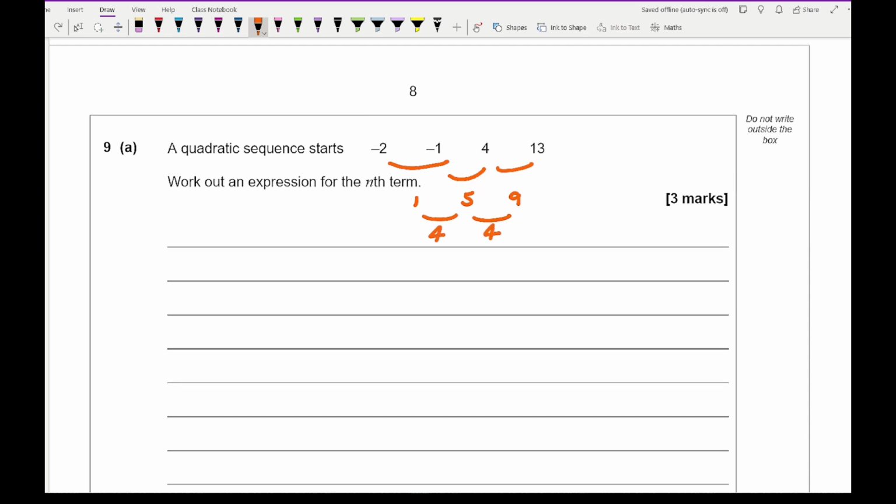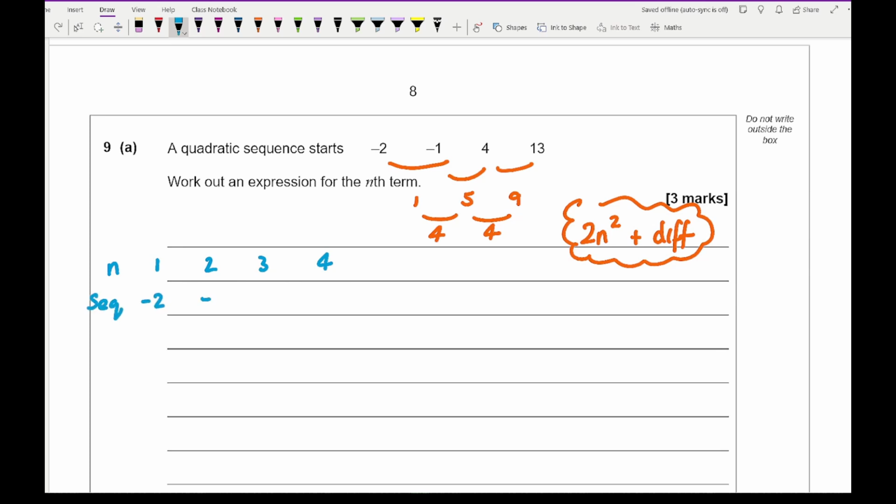So what's going to be in the formula is 2n squared, and it's going to be 2n squared plus the difference. So now if I work out my values of n, which is 1, 2, 3, 4, the numbers in the sequence are -2, -1, 4 and 13.